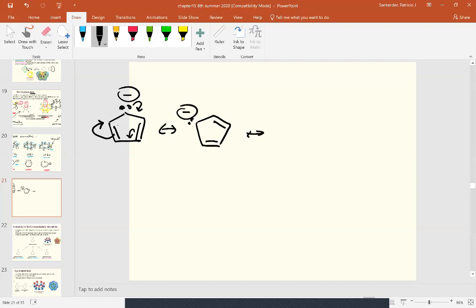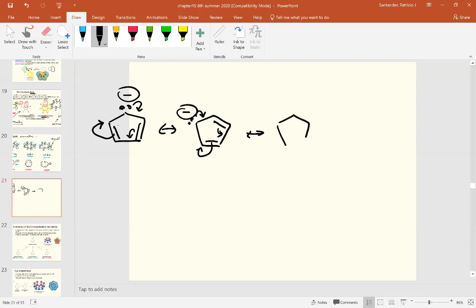Then what else can I do? Then I can bring the pair of electrons here, there now, then this one here, and now I localize this one here. So there you have a new structure in which you have double bonds here, here, and now this is the carbon atom with a lone pair, and so on. I can keep repeating the same. You get the idea that at any moment, one of the carbon atoms of the cyclopentadienyl anion will become negatively charged.